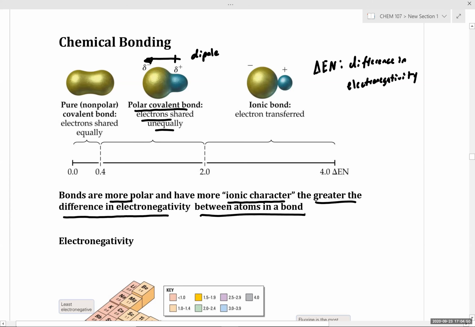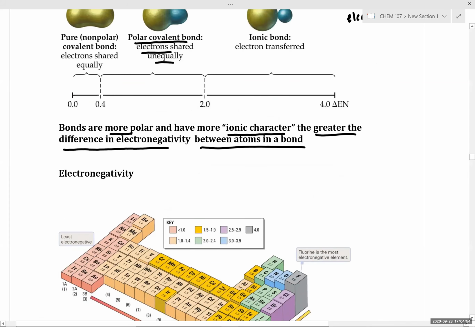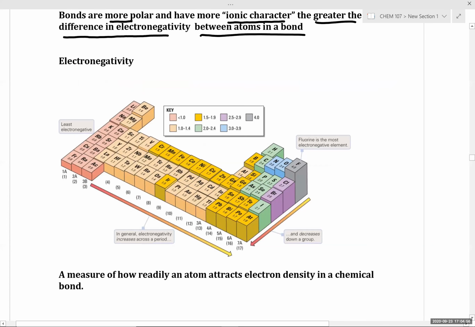Just a refresher for those who are asking themselves, what is electronegativity again? As we discussed previously, electronegativity is a measure of how readily an atom attracts electron density in a chemical bond. In general, electronegativity increases moving up and to the right on the periodic table, with fluorine being the king of electronegativity.